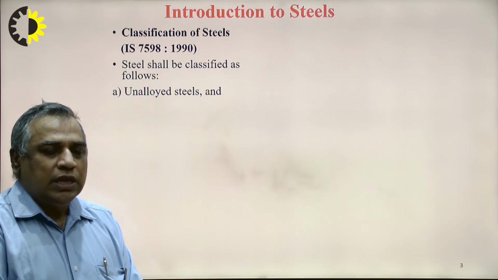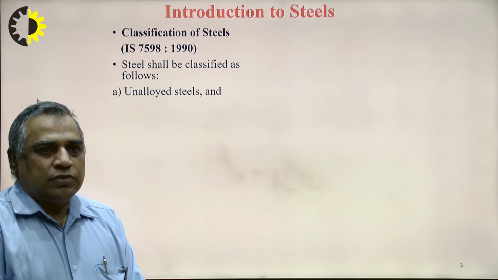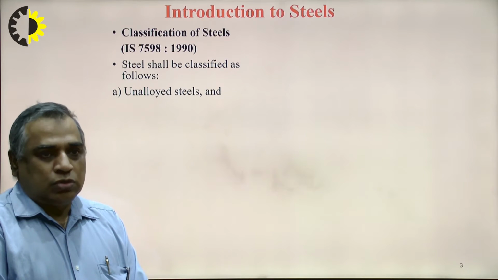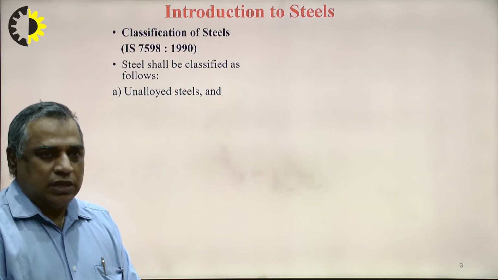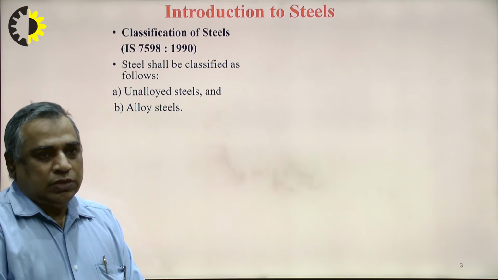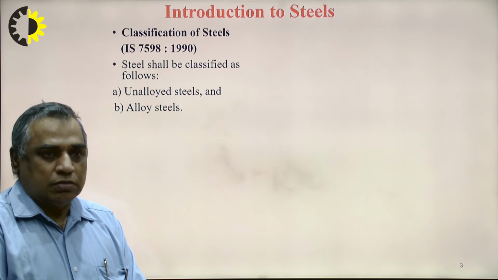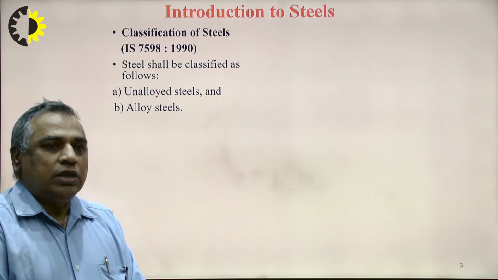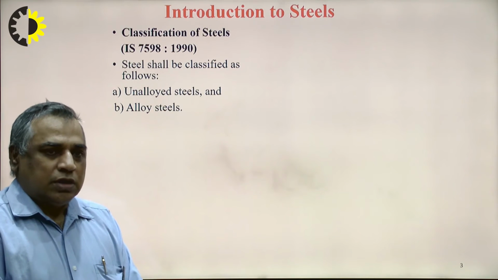Definitely steel is primarily an alloy of carbon and iron, and it may contain more elements. Alloy steel is where we have some significant average percentage content of elements other than carbon with iron.